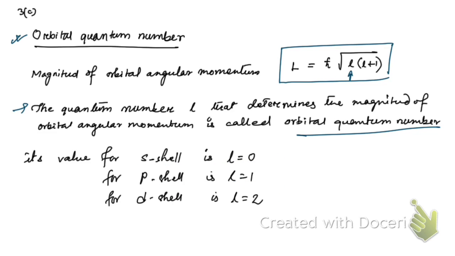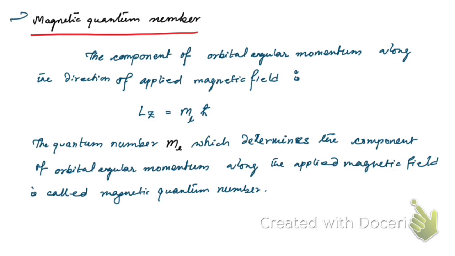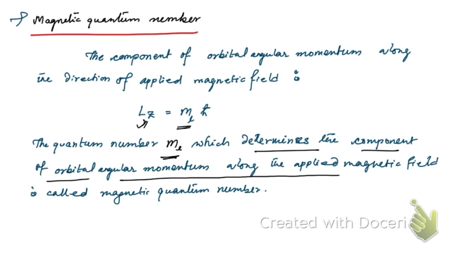Okay, so now let us discuss the magnetic quantum number. The component of the orbital angular momentum L in the direction of the applied magnetic field: if we have applied the magnetic field in the z direction, then Lz is given by ml h-cut. So this ml is the quantum number which determines the component of the orbital angular momentum along the applied magnetic field, called the magnetic quantum number.